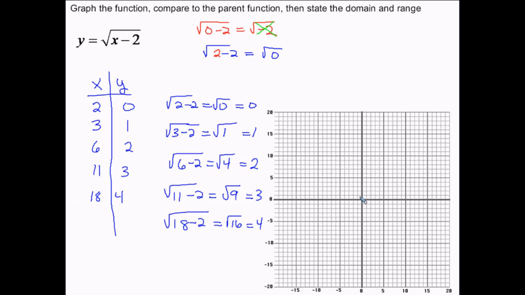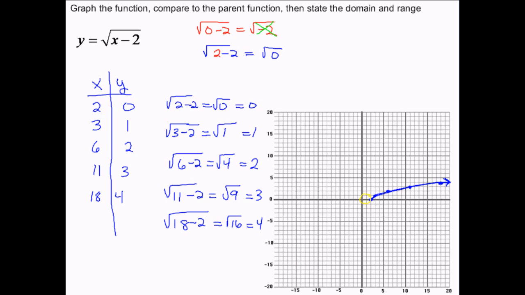So now when I plug this in, I have 2, 0, 3, 1, 6, 2, 11, 3, and then 18, 4. So again, same shape as the original parent function, same height and everything, but I've moved over 2 spaces.